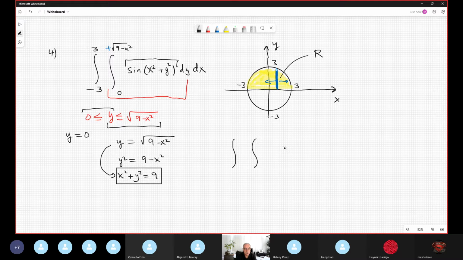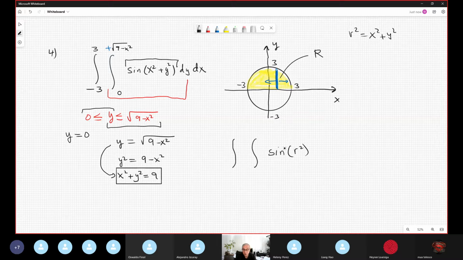O sea, no x squared plus y squared anymore. It's Cartesian. It's sine of r squared. Cool. Because I know very well that x squared plus y squared is equal to r squared. Sine of r squared.